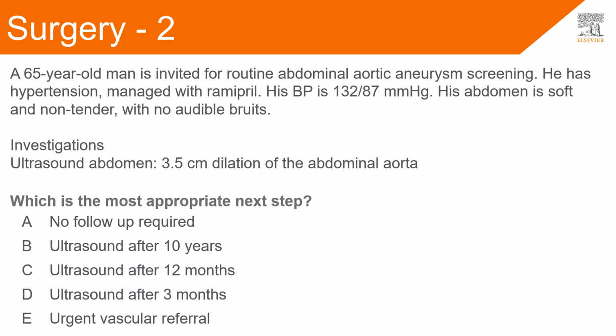His blood pressure is 132/87 millimeters of mercury. His abdomen is soft and non-tender with no audible bruit. Investigations include an ultrasound abdomen, which shows a 3.5 centimeter dilation of the abdominal aorta. Which is the most appropriate next step?